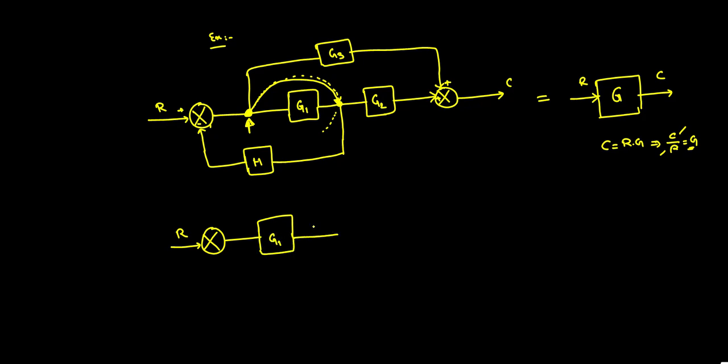When I'm transferring this particular point to here, the effect of G1 will come into picture. So I will divide by the effect of G1, so that whatever the effect of G1 is coming is nullified. It is very simple. Earlier the effect of G1 was not there. When I am shifting here, the effect of G1 is coming into picture, so I am just removing the effect of G1 by dividing with this. That simple it is.